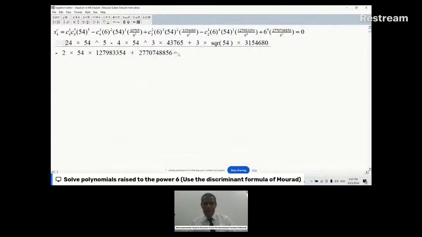This one has to be equal to 0. You can use your calculator.